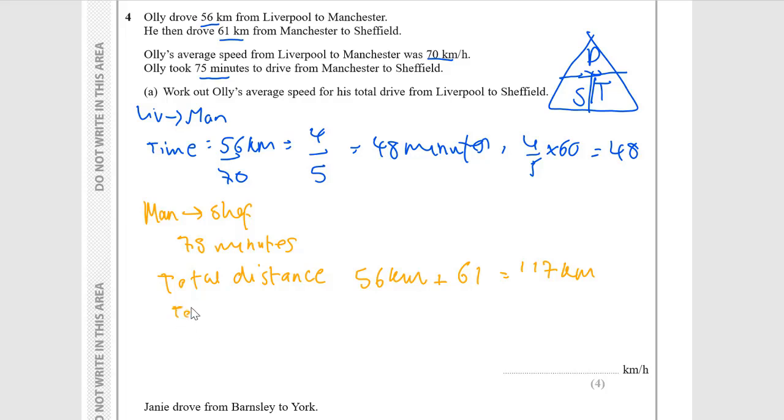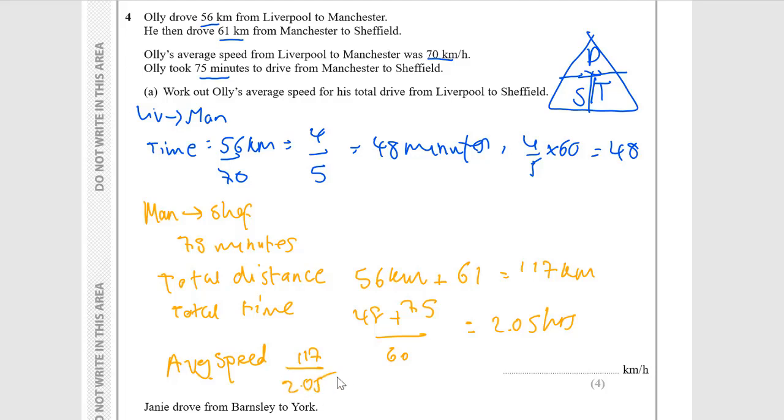And the total time, well, we know it was 48 plus 75 over 60, so 2.05 hours. So now the average speed is going to be 117 over 2.05, which will give us 57.1.